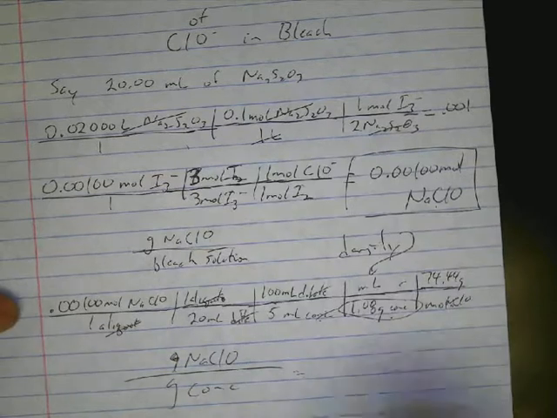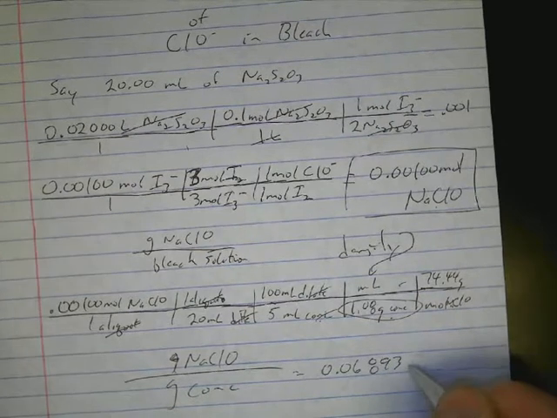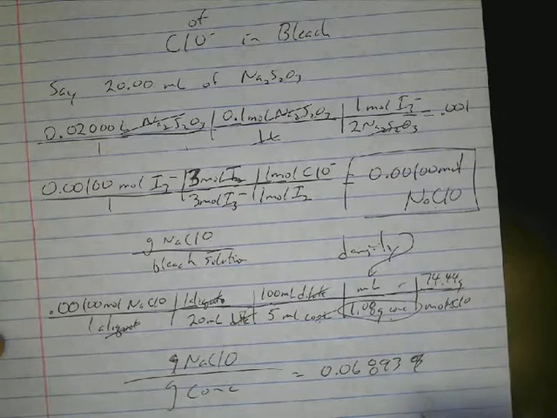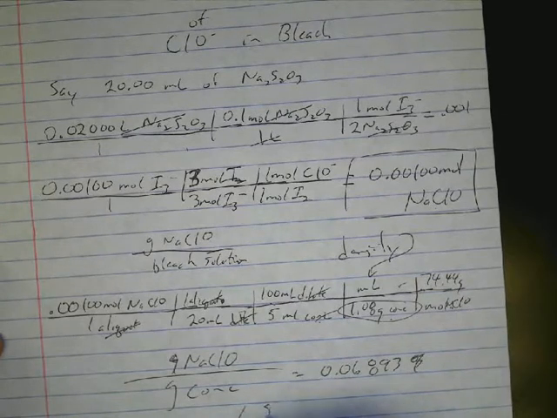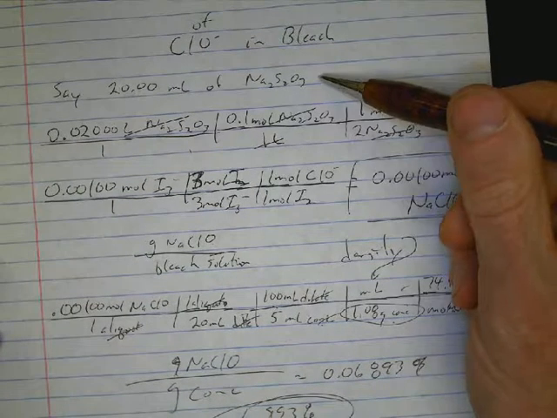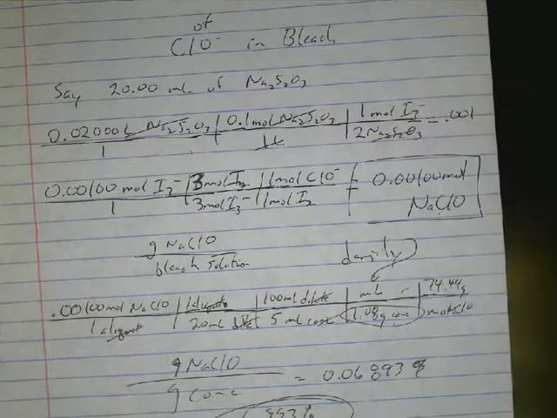So my number was, you can see the calculator screen, 0.06893, actually I'm going to go to 4 significant figures, grams per gram. So multiply that by 100, I get 6.893%.